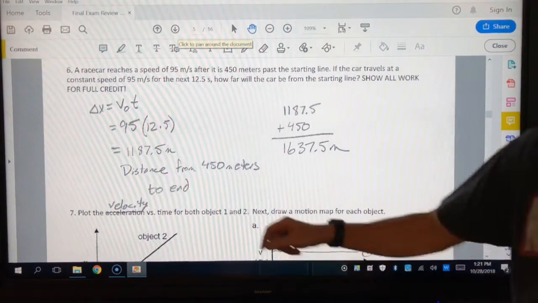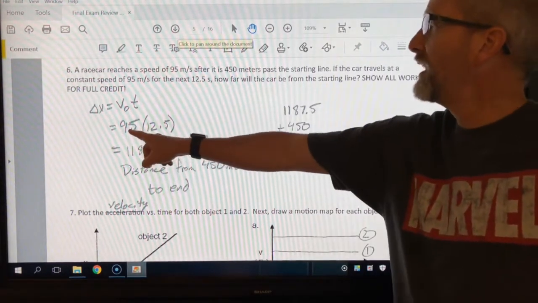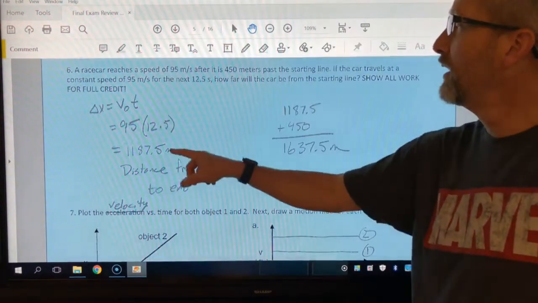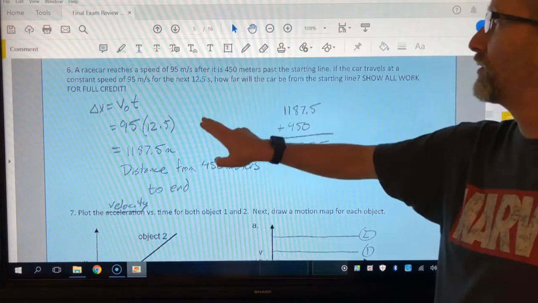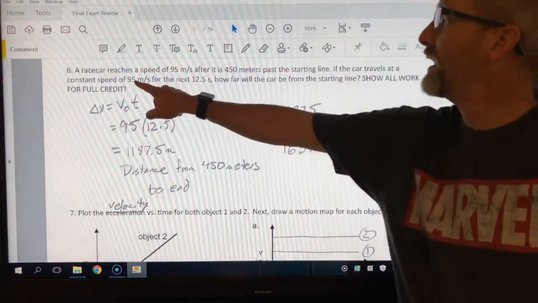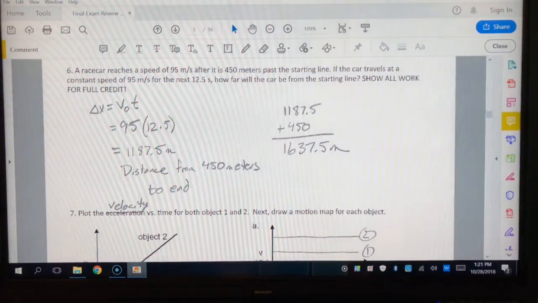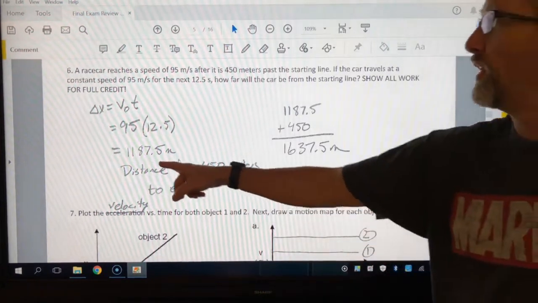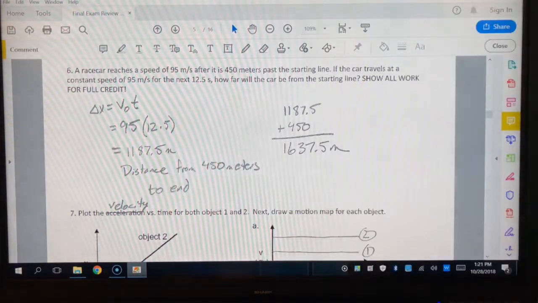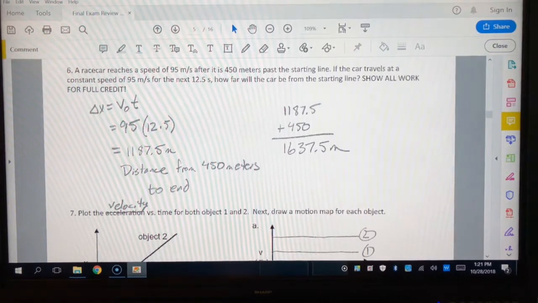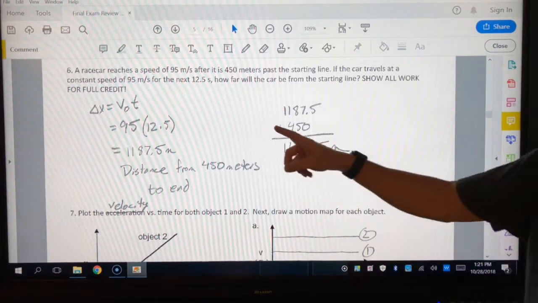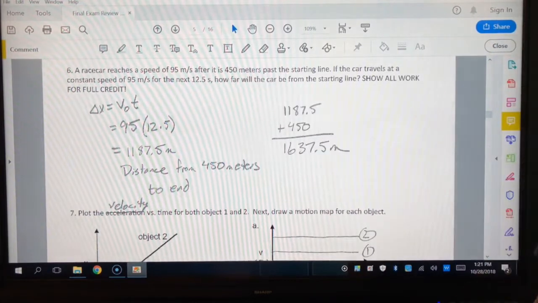So here, we're going to first take our 95, which is our speed, and multiply it times 12.5 seconds because it travels that 95 for 12 and a half seconds. That's 1,187.5 meters, but they want to know how far the car will be from the starting line because it's actually starting at 450 meters.